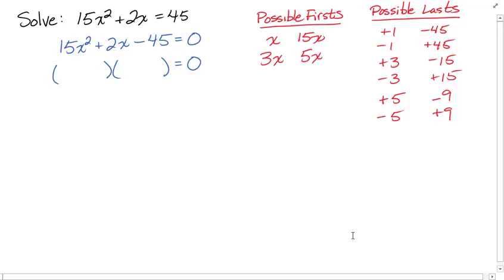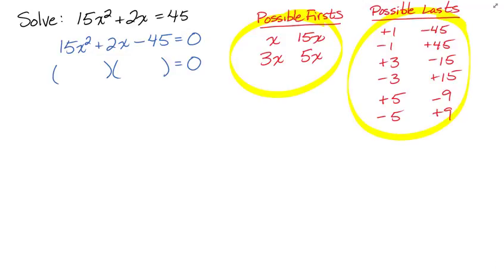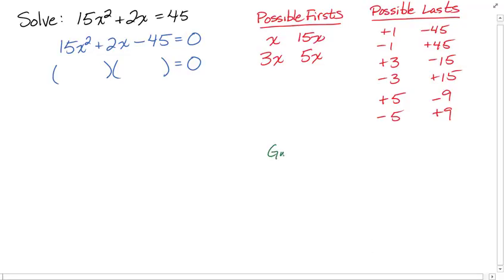So basically at this point we need to mix and match. We need to figure out which one of those works with which one of these. And we could try a couple. Let's just guess and test a combination.